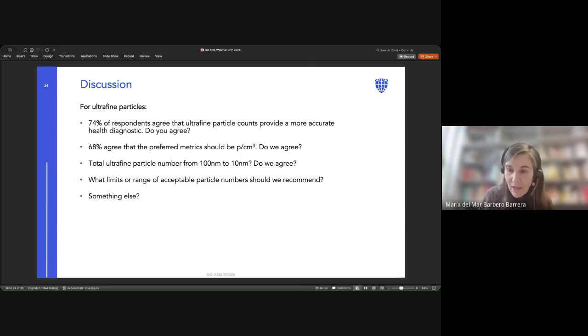And about the way to measure, I think you changed the slide about the way to measure the 0.3 and the 0.5.